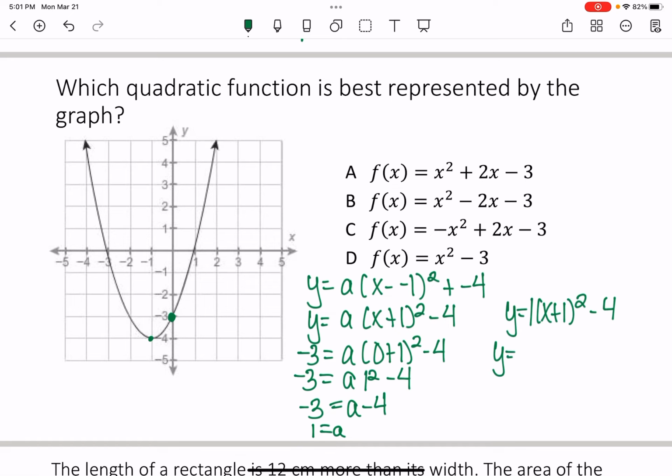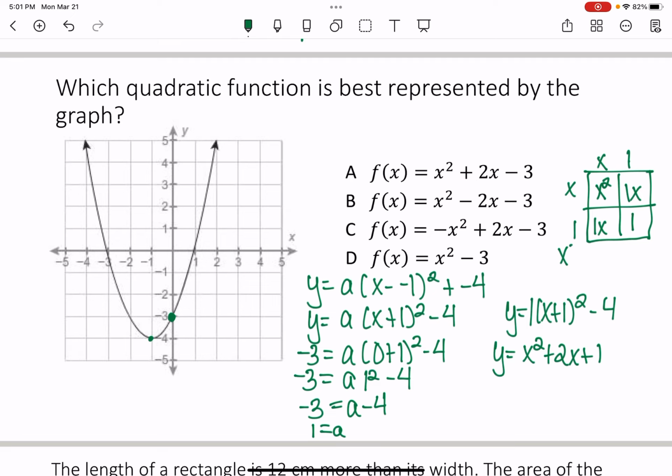So you have y equals, when I expand out the x plus 1 squared, I get x squared plus 2x plus 1. Remember, you can do the box method to expand out that binomial. So x plus 1 and x plus 1. Here you get x squared, and then here's 1x and 1x, and then 1 times 1 is 1.